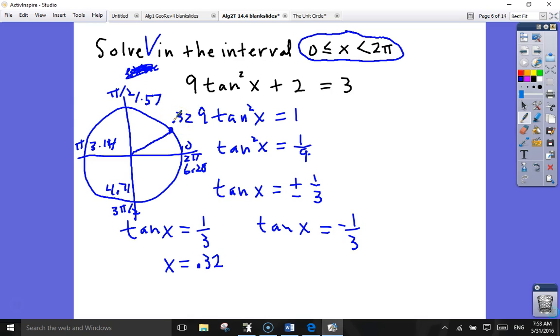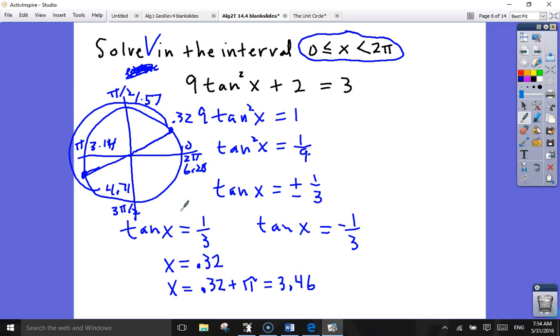We added 180, but now we got to add pi to go all the way around to that quadrant there. So we would also have the same value down there. So I also have to say x equals 0.32 plus pi, which is 3.14, so 3.46. So there's two answers that come from tan x equals 1/3.